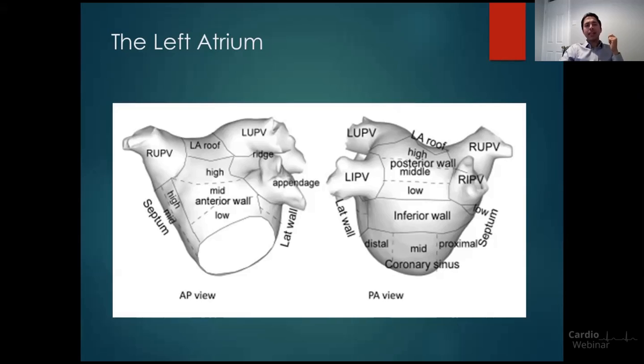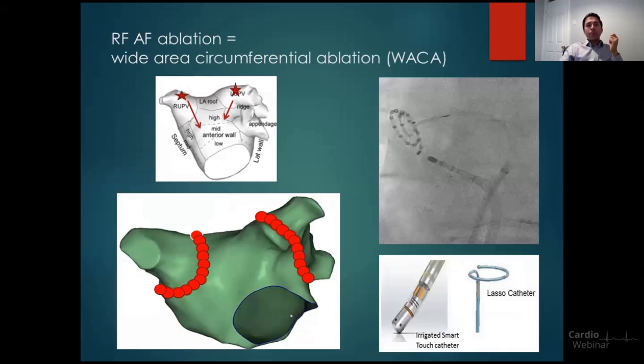Just to say that again, the understanding is that ectopics, triggers from the pulmonary veins, escape into the body of the left atrium and trigger atrial fibrillation. So the objective of atrial fibrillation ablation is to electrically disconnect these pulmonary veins from the body of the atrium.